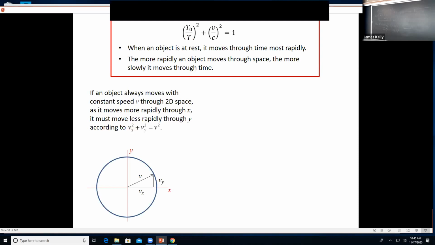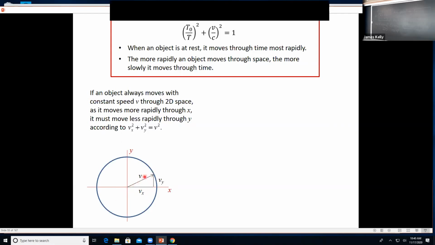If you've taken an introductory physics course, you no doubt talked about velocity. In any case, I'm imagining an object moving, so here we're not talking about space and time anymore, just an object moving in this direction with a certain speed v. We call that speed plus the direction that it's moving the velocity vector. And we sometimes break up that velocity vector into the x component of velocity and the y component of velocity.